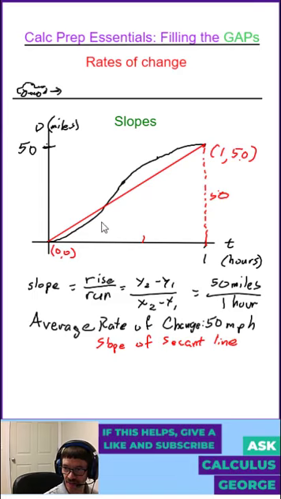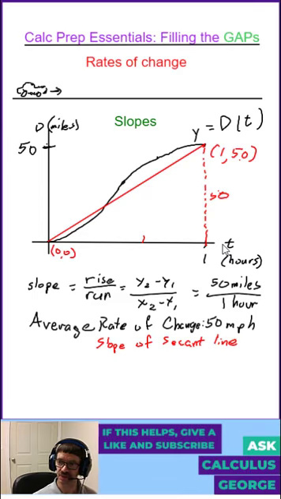So this black curve would actually be our function, which would be our position versus time graph. And we could call it y equals d of t, where your independent variable is t and your dependent variable is d, or you think of that as y. But this would be the slope of a secant line.